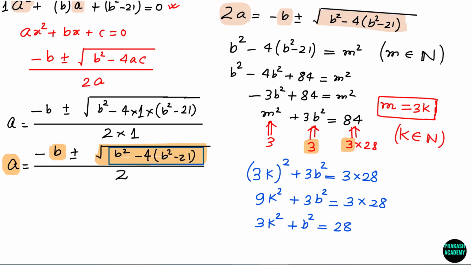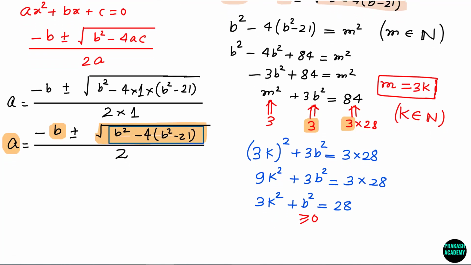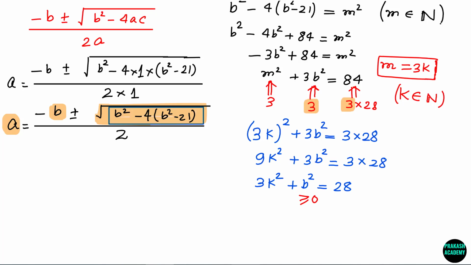Now you see the term b square, a square of something. This term is greater than or equal to 0. b square will always be greater than or equal to 0 because this is a positive term. So this means, what can I say about 3k square? 3k square will be less than or equal to 28, because if you are adding some positive number to 3k square, then it becomes 28.